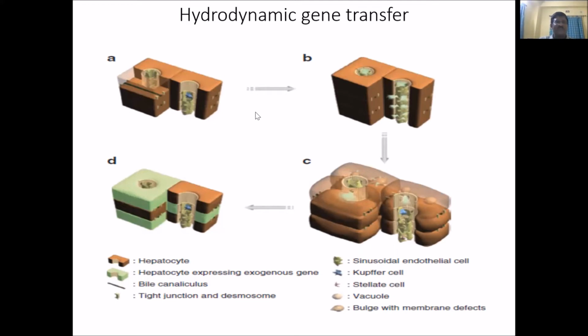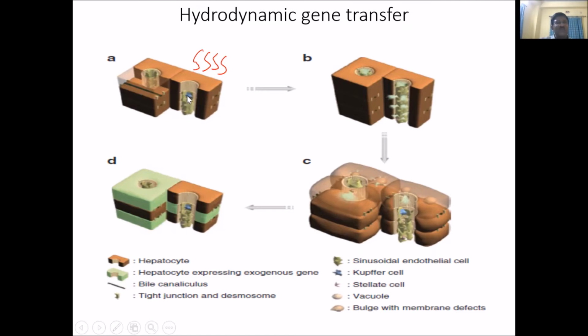What is done here in hydrodynamic gene transfer is that you inject a large amount of modified genes into a small capillary, particularly the type of capillary that surrounds the parenchymal cells.